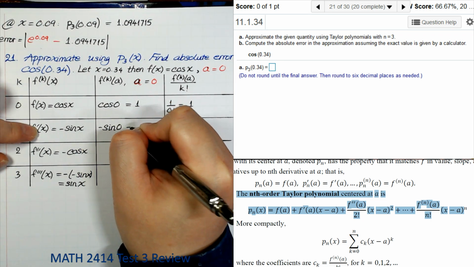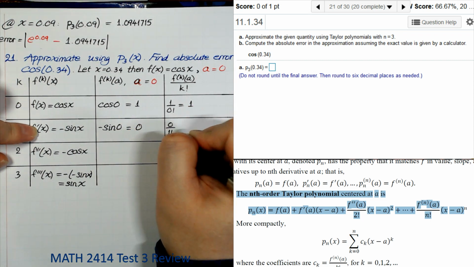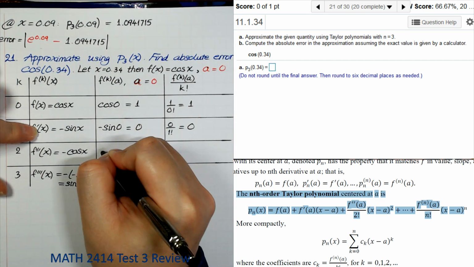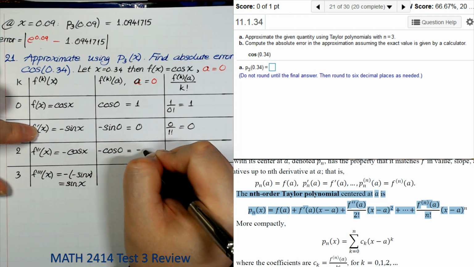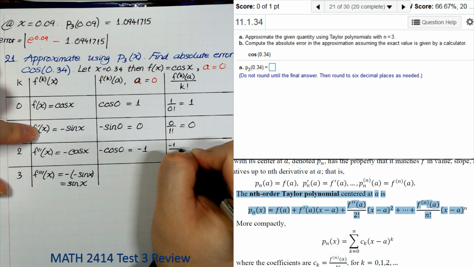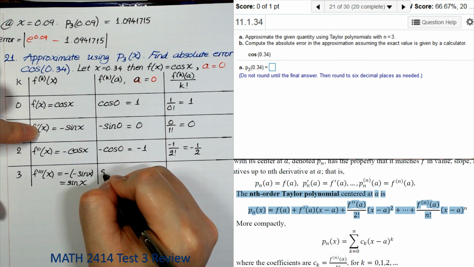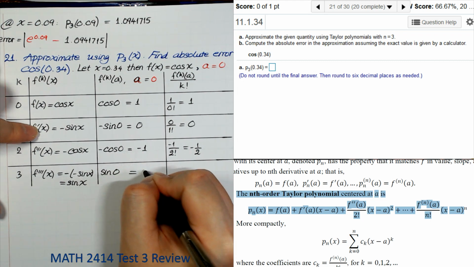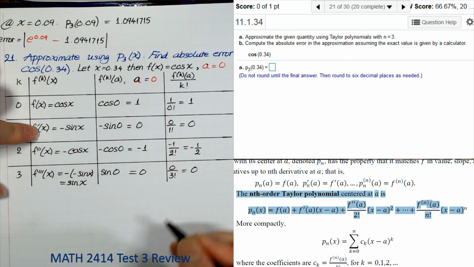A equal to 0, sine 0 is 0. Cosine of 0 is 1. And then sine of 0, 0. So we only have those two terms.